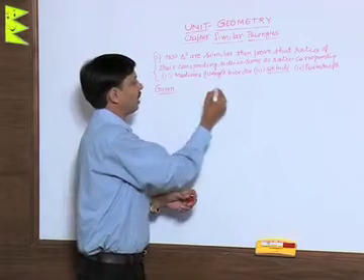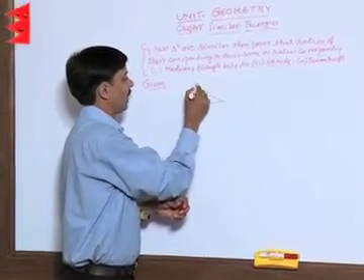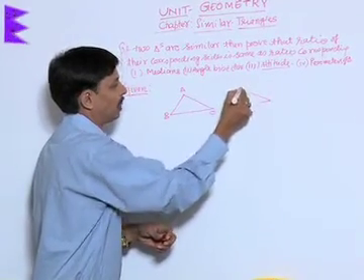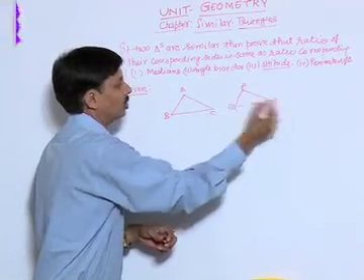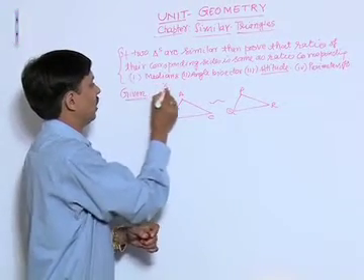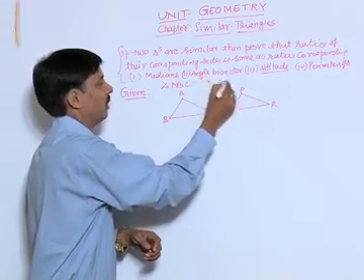So I am writing here, we have 2 triangles. One I can name as ABC, another I can name as PQR, and these 2 triangles are given to us as similar. So in the given we will write triangle ABC is similar to triangle PQR.